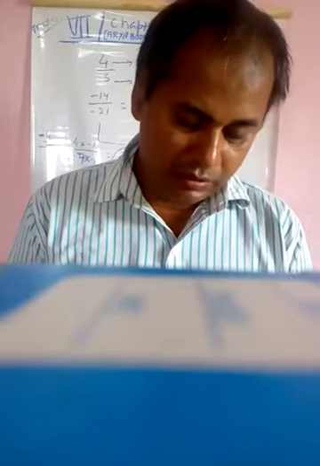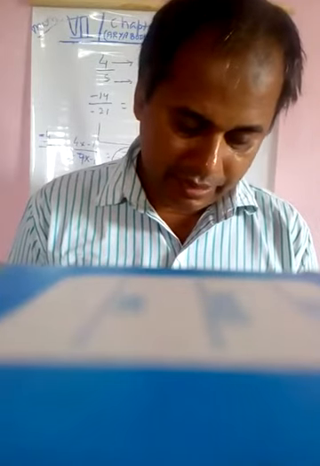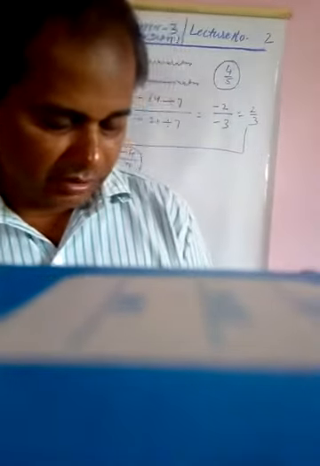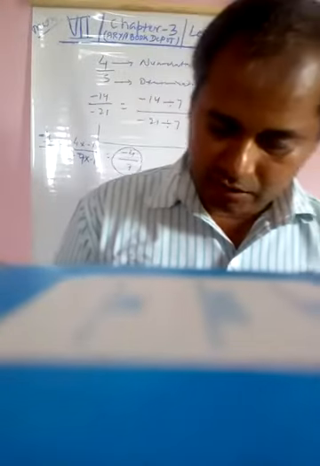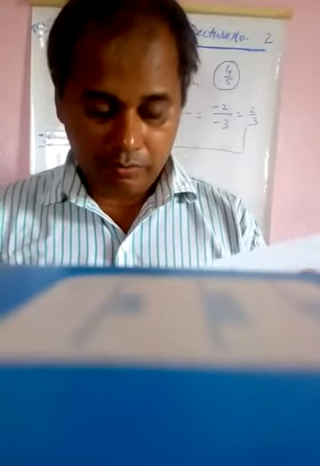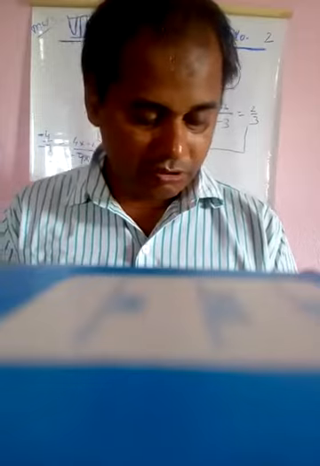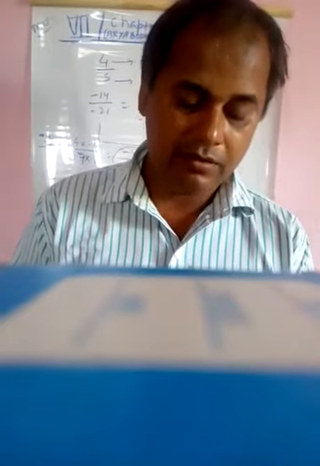Example number 2. Express minus 3 by 8 as a rational number with A. Numerator minus 36, B. Numerator 24. Solution. We have minus 3 by 8 is equal to minus 36 by what? Minus 36 divided by minus 3 is equal to 12.